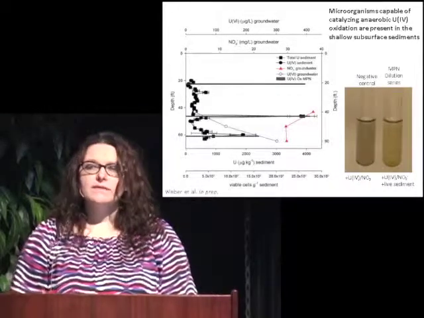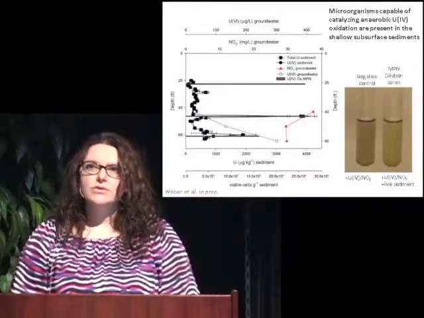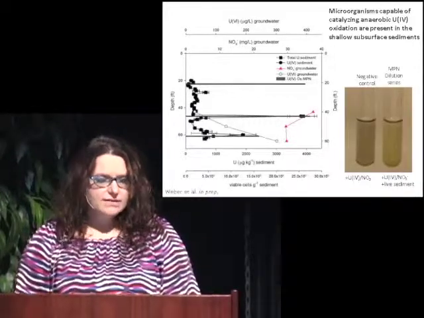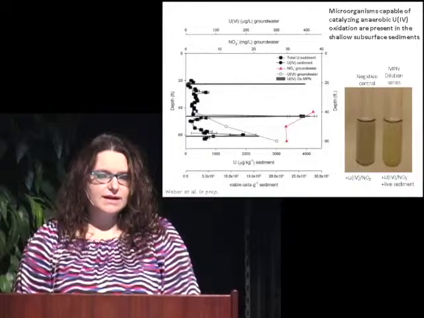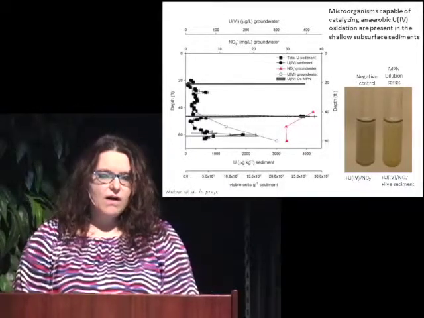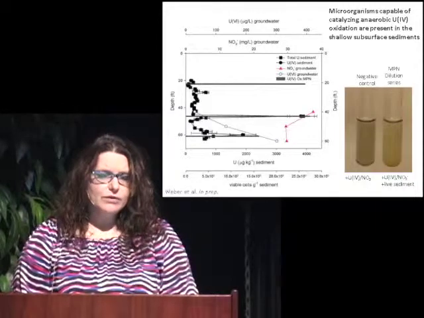So what this technique does is allow us to enumerate the bacteria that are capable of oxidizing the reduced uranium coupled to nitrate reduction. What we find is that there are over 25,000 cells per gram of sediment located at this site.